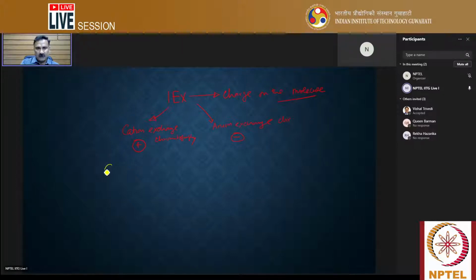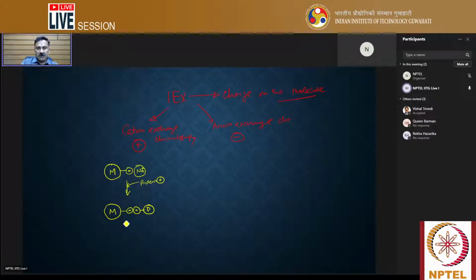For example, in the cation exchange chromatography, on this matrix you have a negative charge group, and this negative charge group has the positively charged cation, sodium, bound to it. Now when you add the protein, which is also positively charged, it is going to replace this sodium, and as a result it is going to bind to this negative charge.